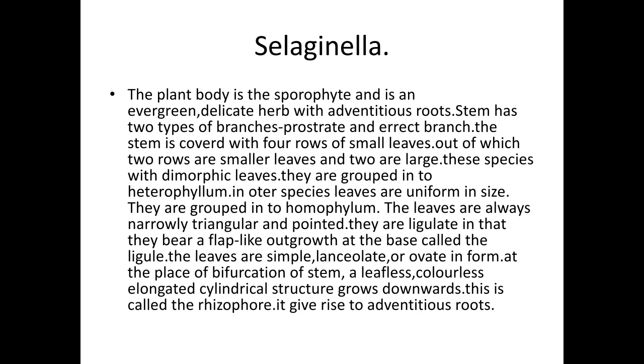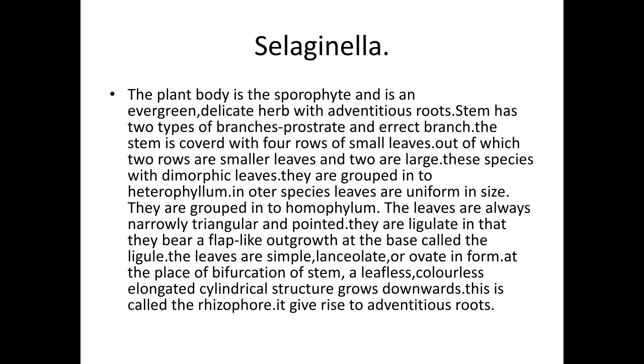The erect branch bears the spore producing organ known as the strobilus of Selaginella. The stem is covered with 4 rows of small leaves. Out of these, 2 rows are smaller in size, and 2 are larger in size.